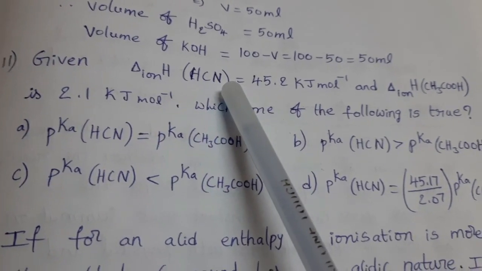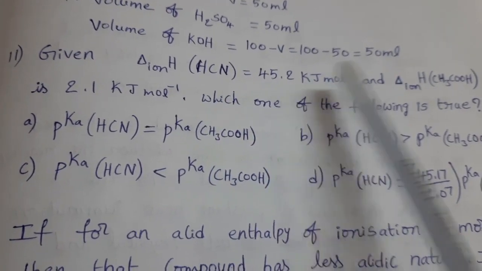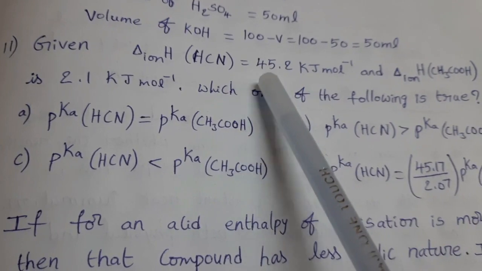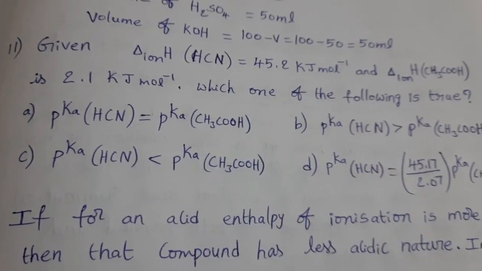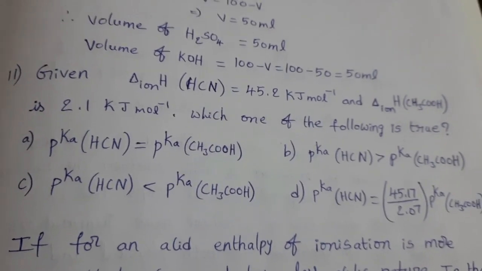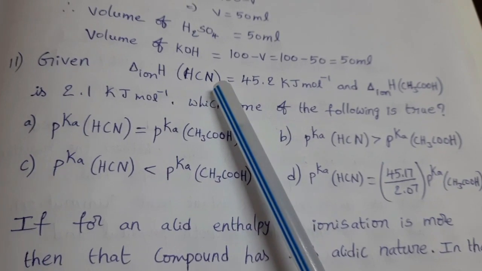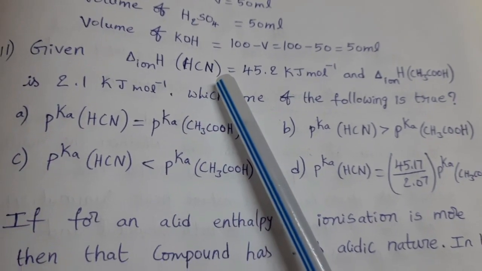For hydrocyanic acid, more energy is required than acetic acid. That means this compound has less capacity to donate H plus ion than CH3COOH. So acidic nature is less, which means pKa value is more for HCN.